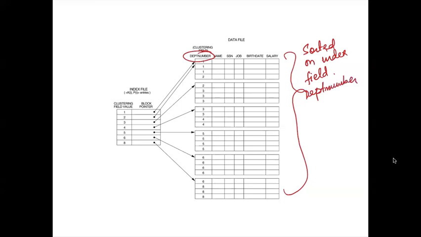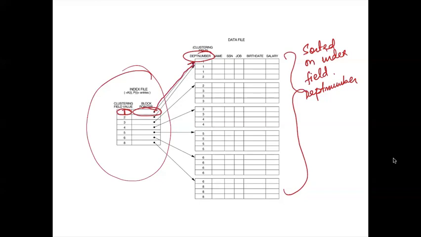So department number 1, department number 2, and so on, it is sorted. And here I have the index file. In the index file, each entry has two fields. One is the value of the index field, and the other is a block pointer. So here I have department number 1. Where is the block where department number 1 is stored? There is a pointer to this.